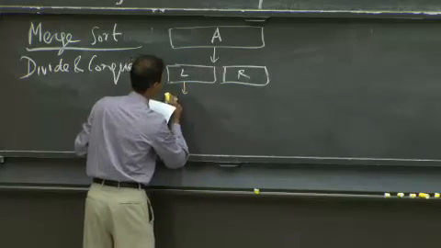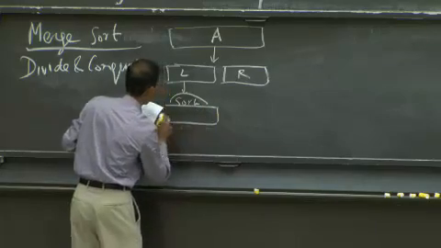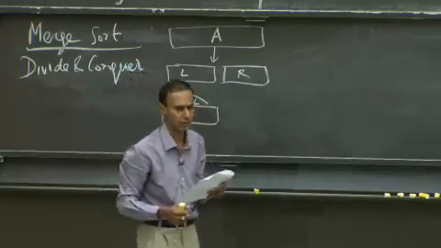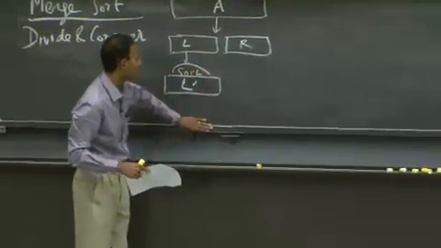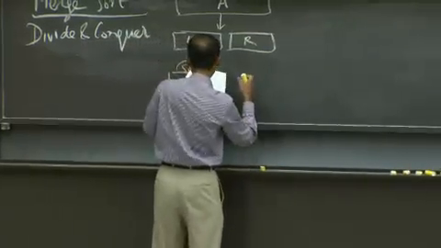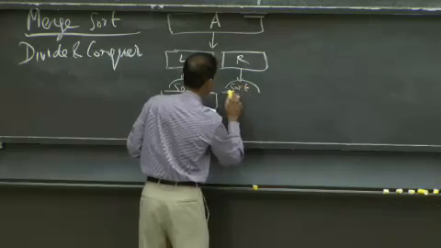While I'm saying L turns into L prime, there's no explicit code that turns L into L prime. It happens later. There's no real sorting code here. It happens in the merge routine. You'll see that quite clearly when we run through an example.